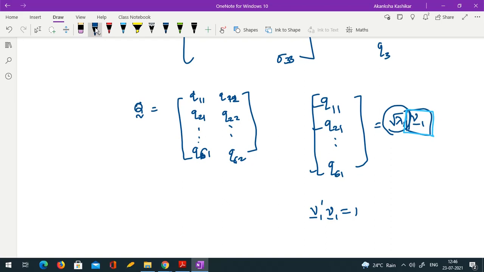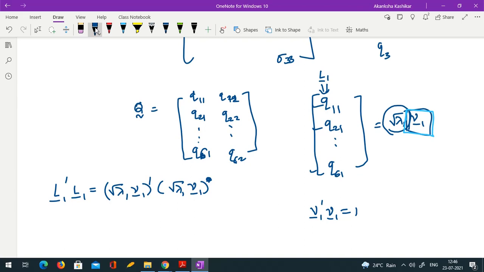Let me call this, say, L1, the first column of the loading matrix. If I call this column L1, L1 prime L1 will be root lambda 1 nu 1 whole prime root lambda 1 nu 1.